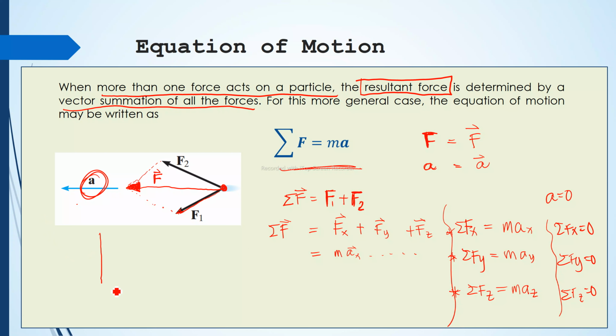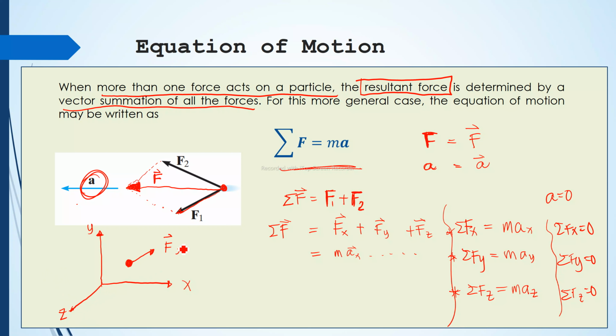So let's say we have coordinates. We have the x-axis. We also have our y-axis here, and then we also have our z-axis on this side. So let's say we have a particle on this side, and then a vector force F is being applied here.